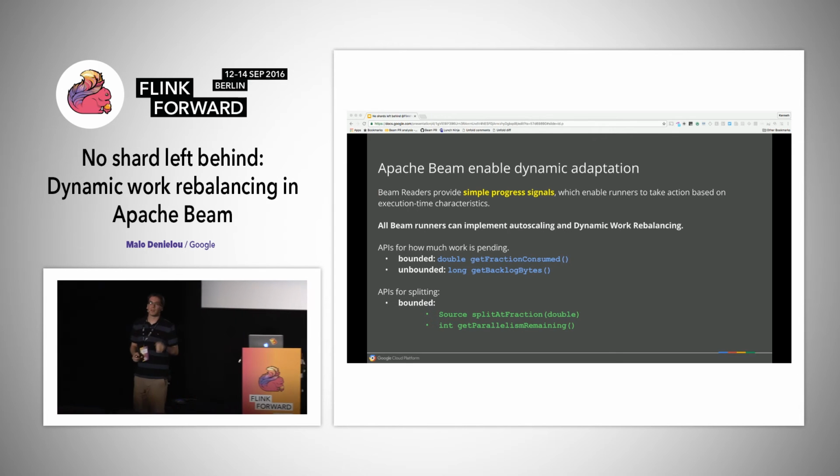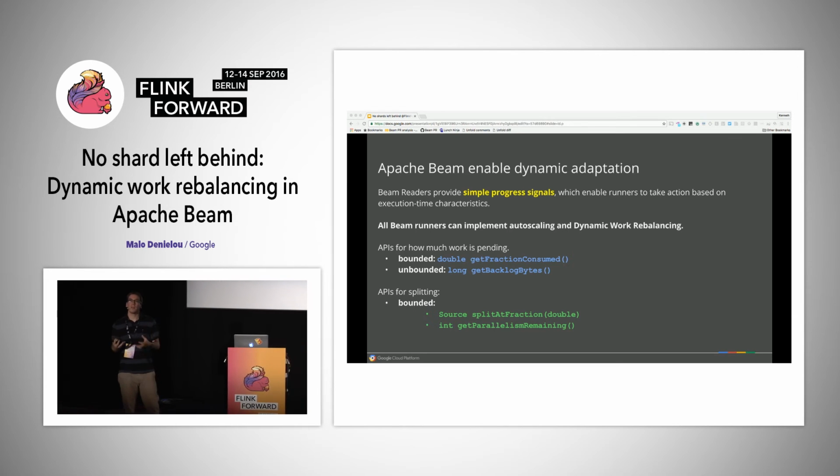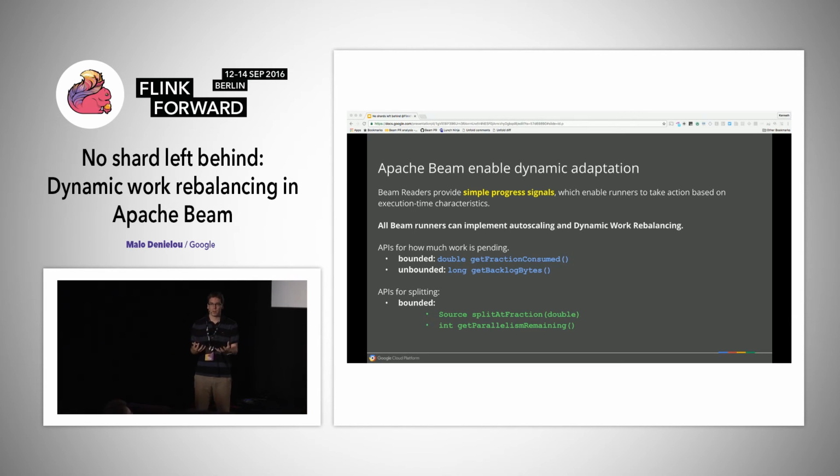So how is this linked to the Apache Beam API? Well, both for autoscaling and for dynamic work rebalancing, you need to have a way in the API for the runner to get the information to make the right decision, okay?